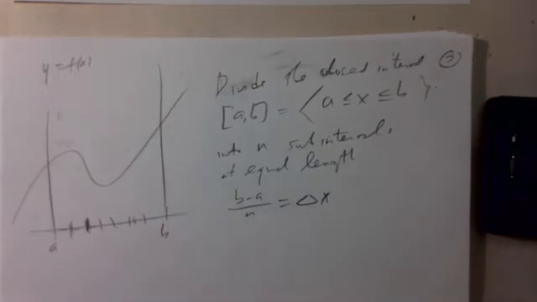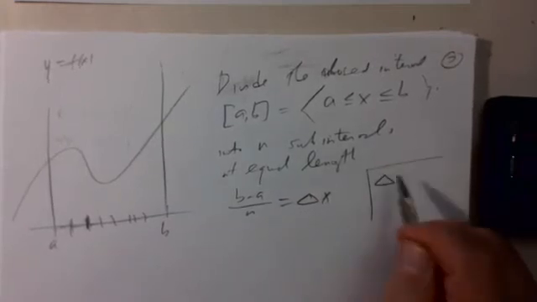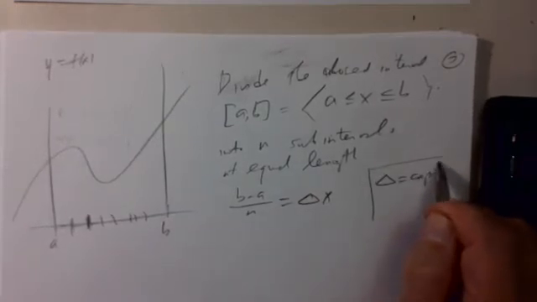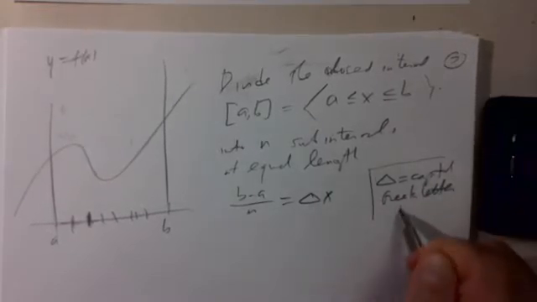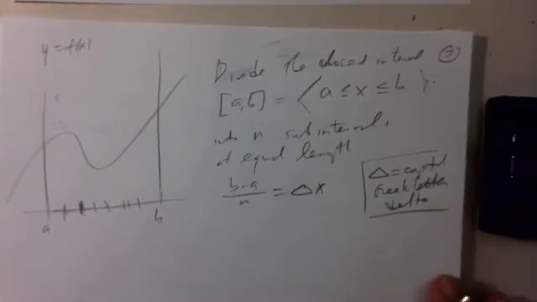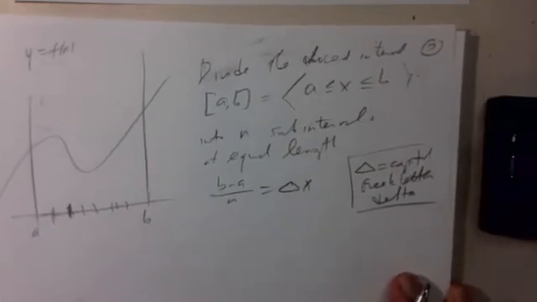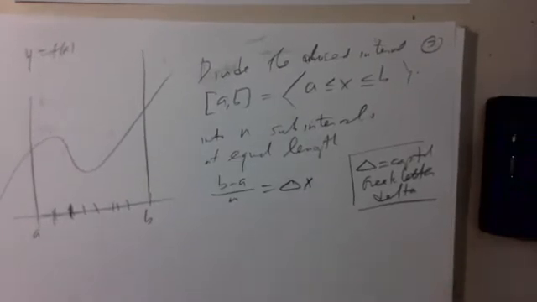And our shorthand notation for that is delta x. This is the capital Greek letter delta. In mathematics, we don't have enough letters in the Latin alphabet, which is the English alphabet, if you like, so we had to use a lot of Greek letters.